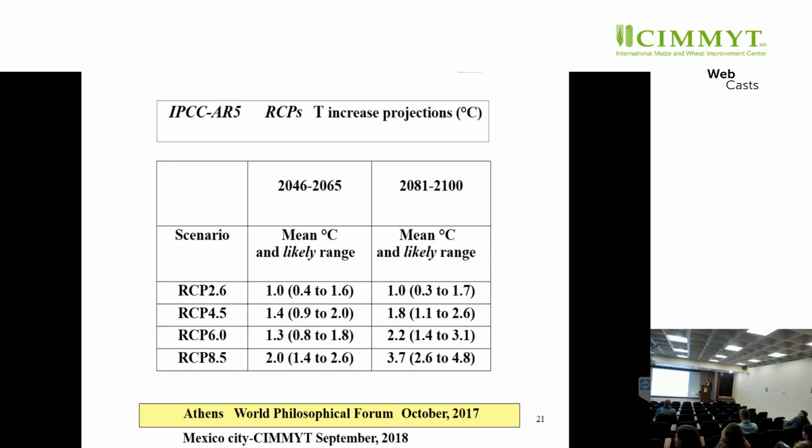When we look at the last one here, the 8.5 is mentioned in the literature frequently. The mean temperature likely range is 2 degrees up to 2.6 for that period of time. If we go further, then we get to 3.7.